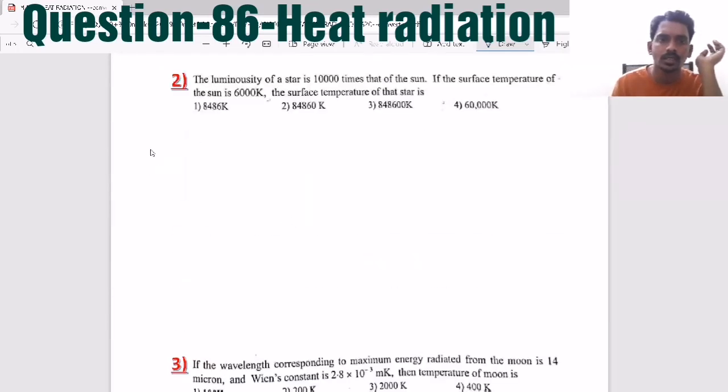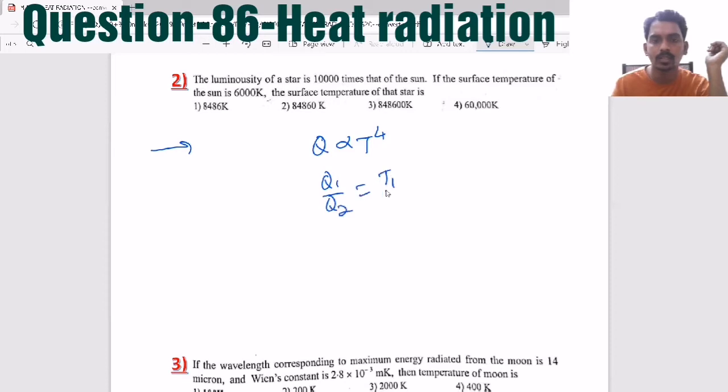Now the next thing is, the luminosity of a star is 10,000 times that of sun. If the surface temperature of sun is 6000 Kelvin, the surface temperature of that star is? Now Q is directly proportional to T power 4. Now Q1 by Q2 equal to (T1 by T2) whole power 4.